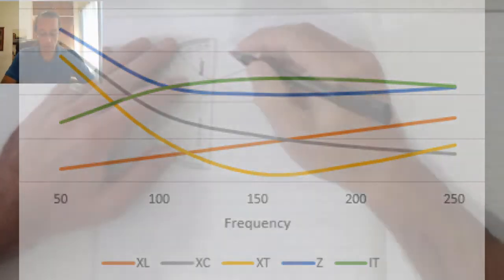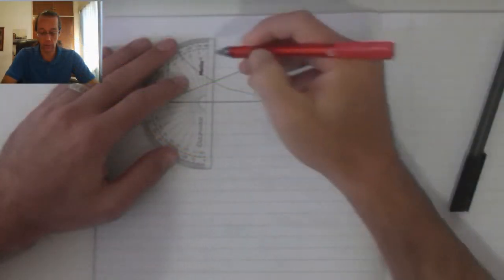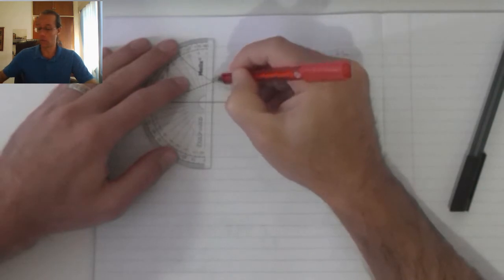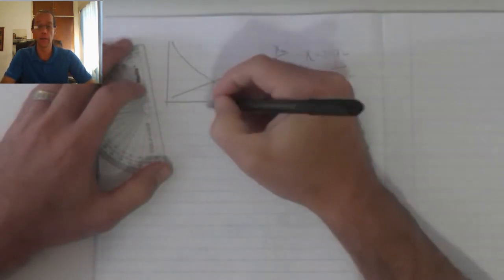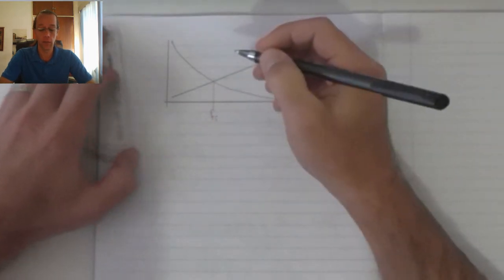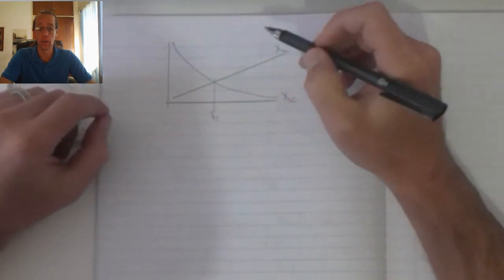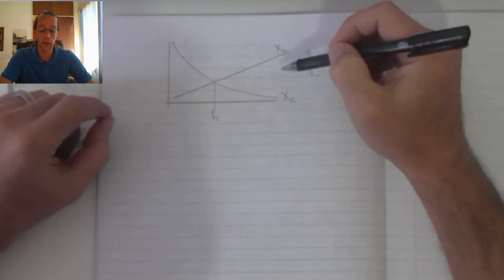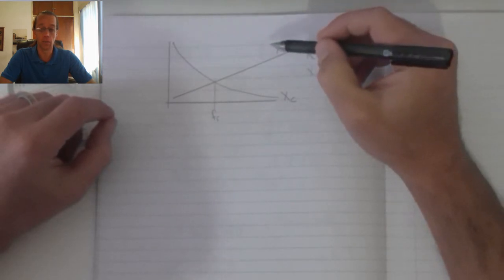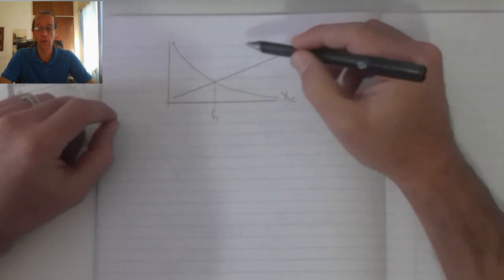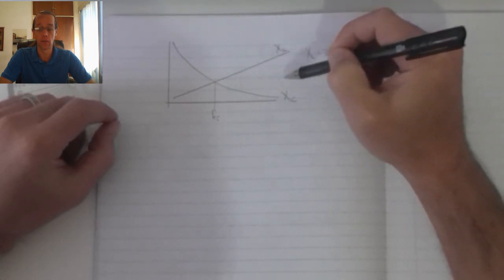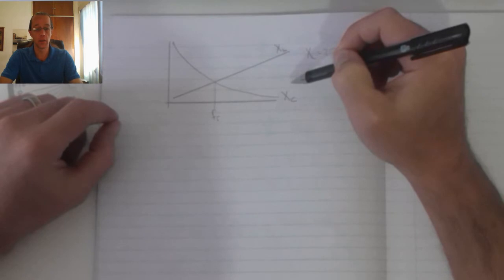Now, when these two meet at that very special frequency, that is called my resonant frequency. Resonance is that frequency at which the inductor and the capacitor are in harmony, and what that means is the energy stored by the one is transferred to the other one at the same rate.